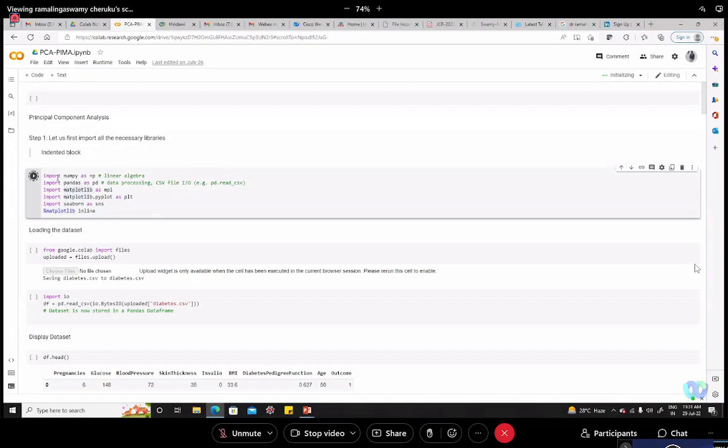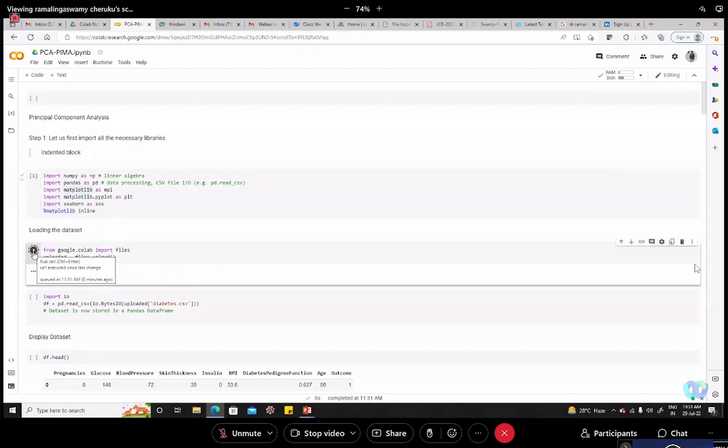So I'm executing those commands. When there is a tick mark, it means it is completed and executed successfully. Next, I'm trying to load the data set.